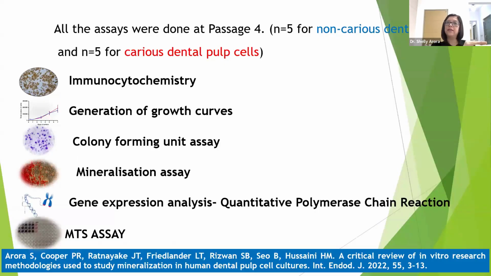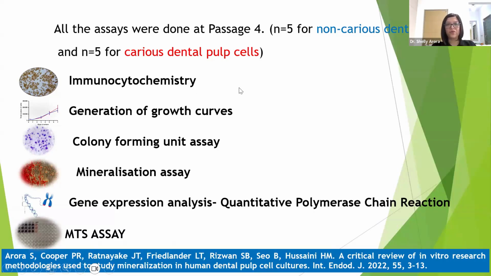Once all the cell cultures have been established, that is the carious as well as non-carious, where non-carious means healthy and carious are the inflamed ones, further, as I told you when I was mentioning the objectives, all these assays were done to further characterize them.